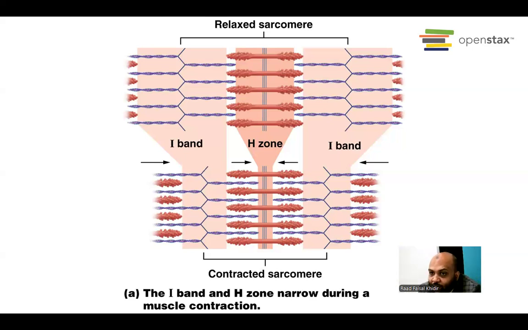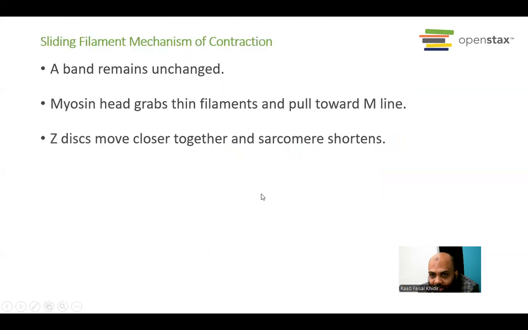Why does the sarcomere get shorter and smaller? Because the Z discs are getting closer. So the I band and the H zone narrow during a muscle contraction.